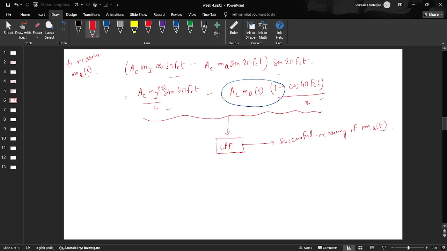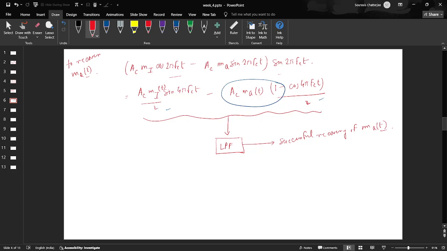So earlier, if I compare with ordinary AM and DSBSC, we are transmitting a single message over a single carrier which is occupying a particular bandwidth. For QCM, we are using two carrier signals, but remember they are not occupying twice the bandwidth, they are occupying the same bandwidth.